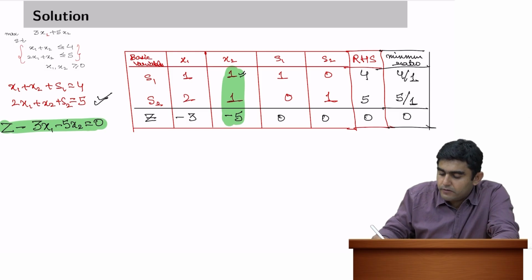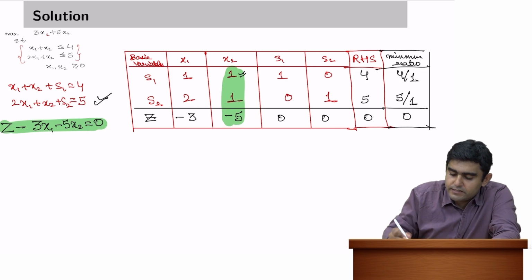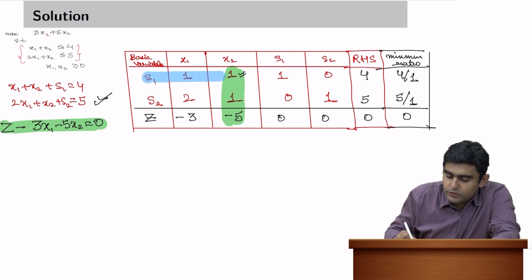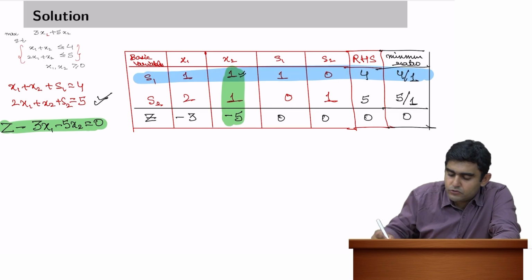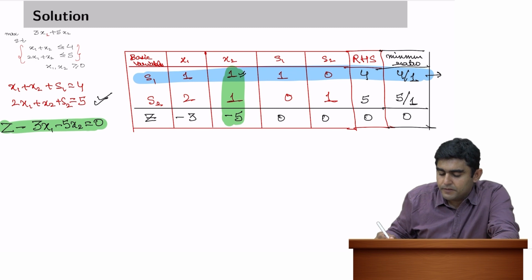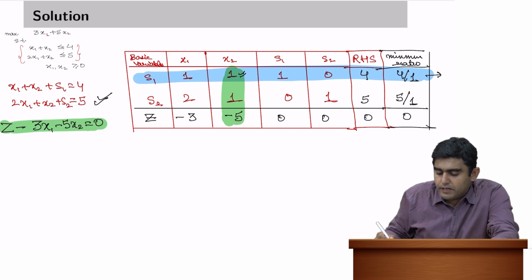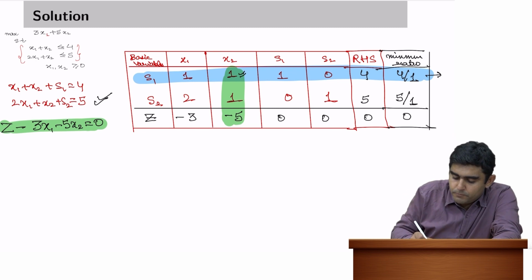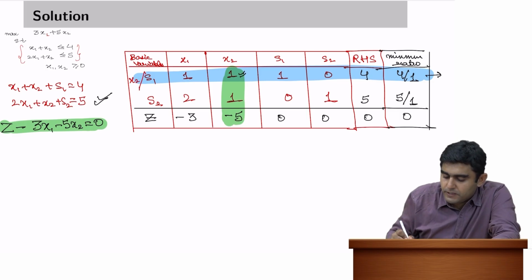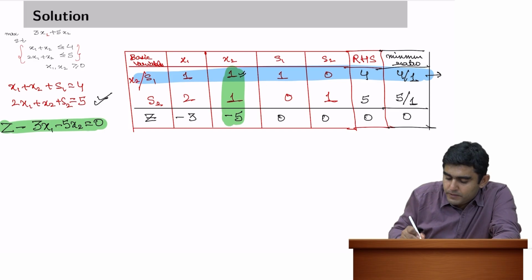Whatever is the positive minimum ratio here, that is the variable that is going to leave our solution. So in this case, S2 will leave and become a non-basic variable. Now, the moment it happens, we have to bring x2 into the picture in place of it, and now x2 should be in canonical form.